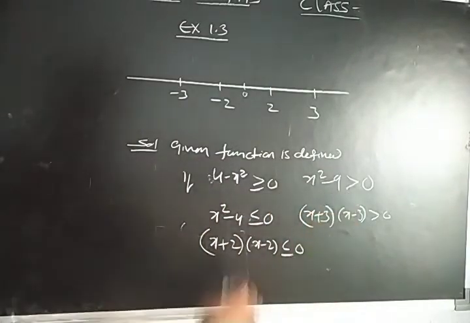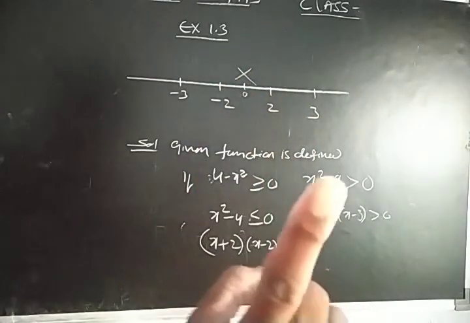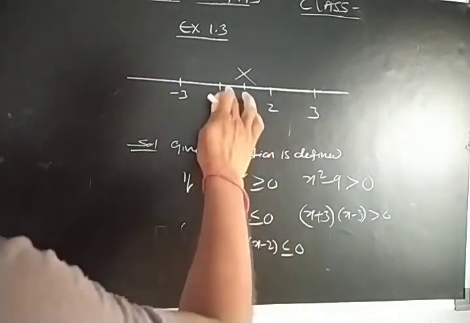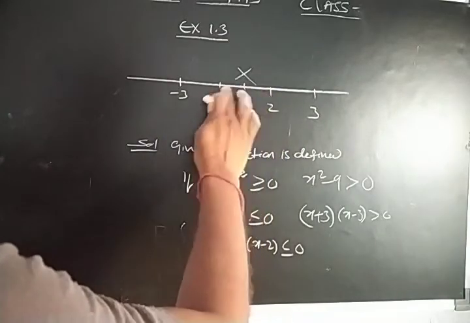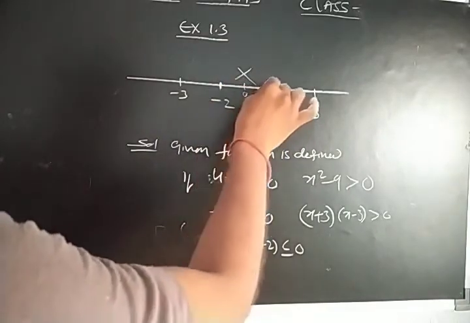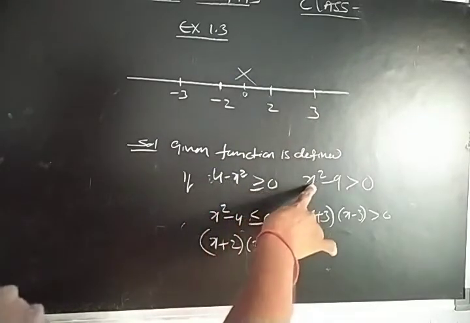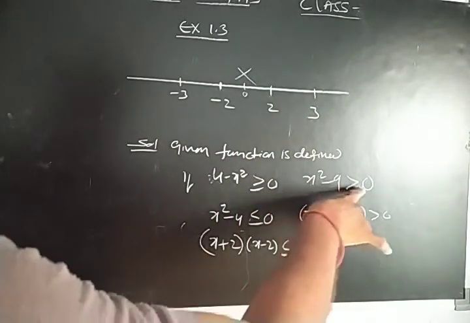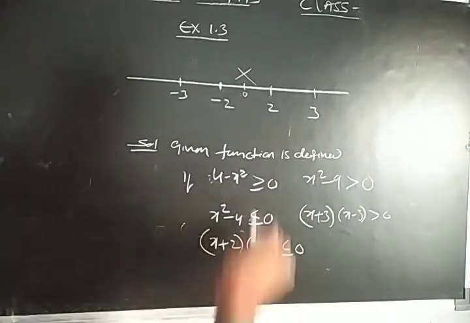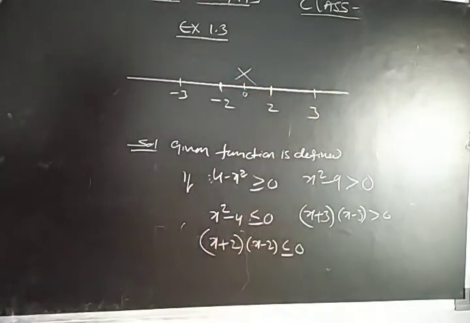No. So this is not possible. In between minus 2 to plus 2, one element is enough to check. So this interval is not possible. At end points, at 2, I am checking 4 minus 4, 0; 4 minus 9, greater than 0? No. So at end points also we should not take.